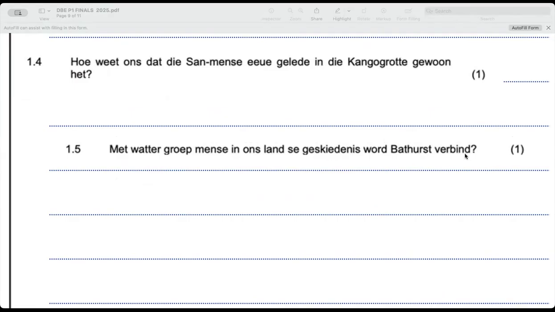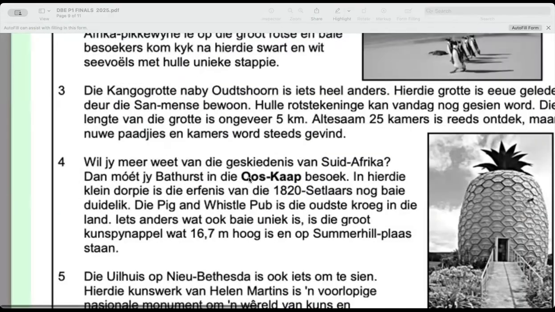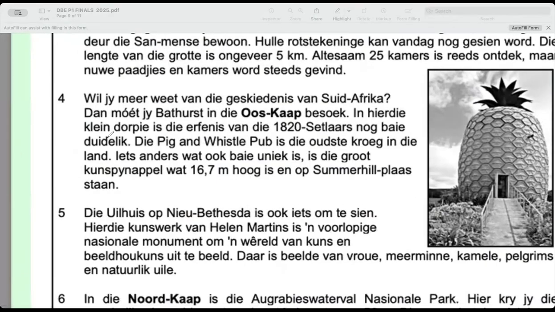Or met watter groep mense in ons land se geskiedenis word Bathurst verbind. So with what group of people, even if you don't know what verbind means, you've got what group of people and you've got Bathurst. So let's go to Bathurst. You can see here you've got Bathurst, and now you're looking for people. If you have a look here, so it's obviously not South Africa.